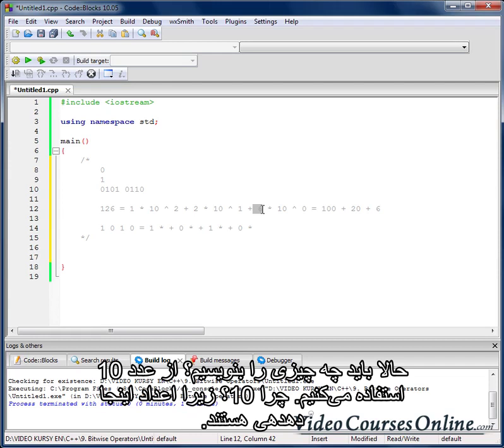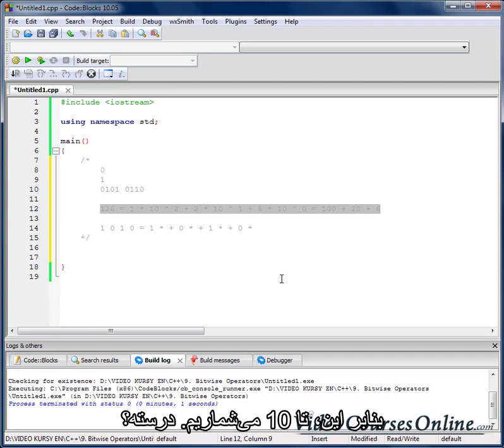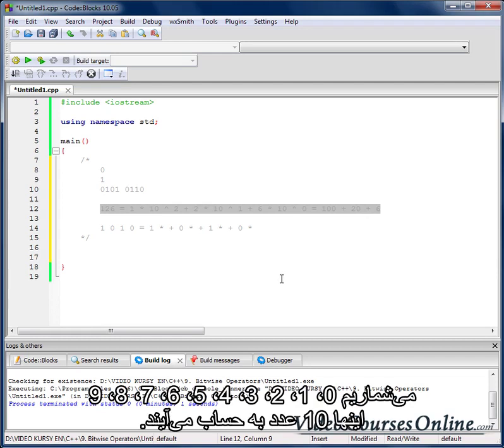Okay, and now we need to write what? We are using 10 here. Why 10? Because here we have decimal numbers, so we are counting to 10, right? 0, 1, 2, 3, 4, 5, 6, 7, 8, 9.